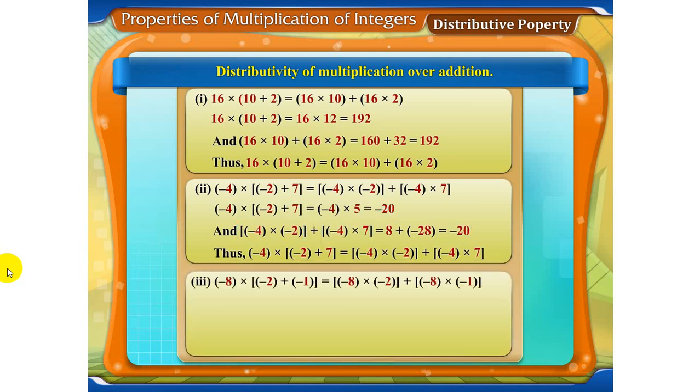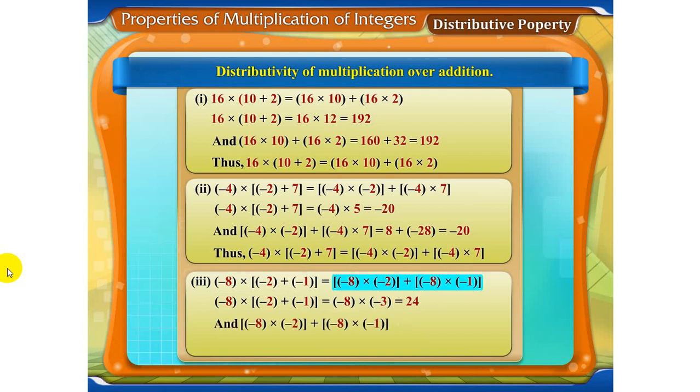3. Negative 8 multiplied by negative 2 plus negative 1 is equal to negative 8 multiplied by negative 2 plus negative 8 multiplied by negative 1. That is, negative 8 multiplied by negative 2 plus negative 1 is equal to negative 8 multiplied by negative 3, which is equal to 24.